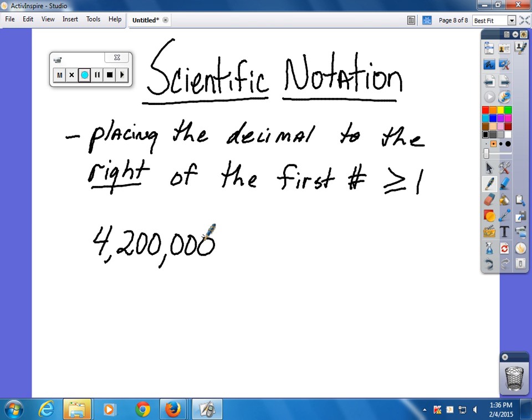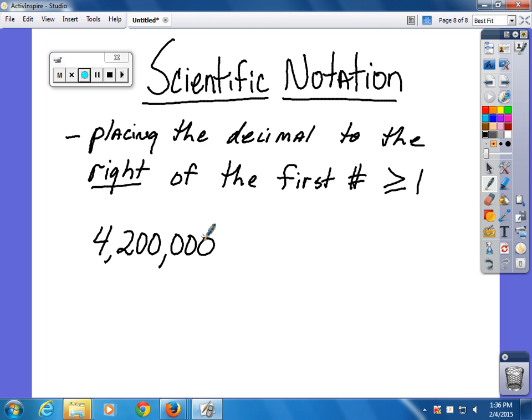All right, there's a number. First thing to do is place the decimal to the right of the first number greater than or equal to 1. Sometimes I say greater than 0, sometimes I say greater than 1. Same thing. What number is that? I said, what number is greater than or equal to 0? 4.